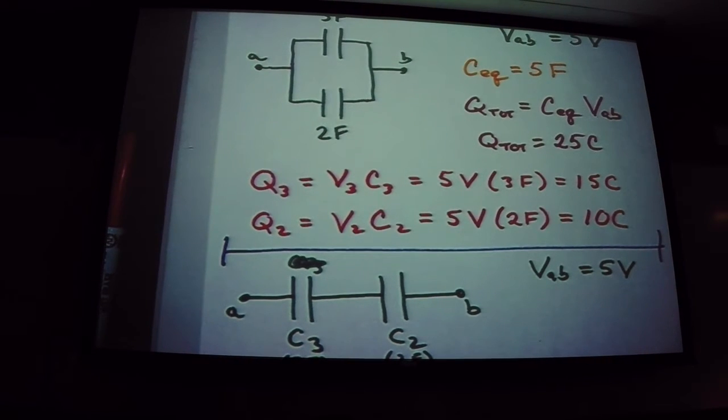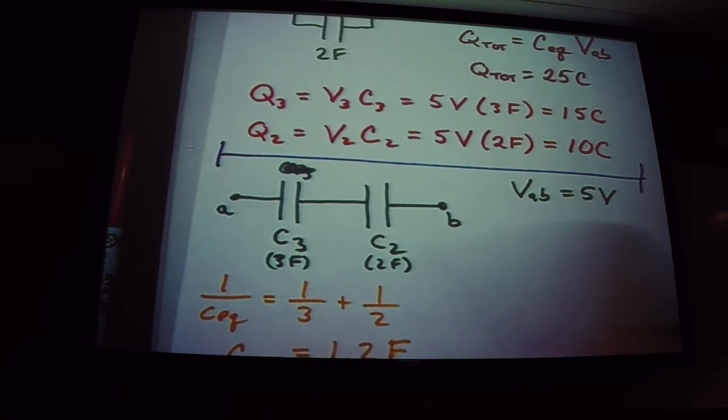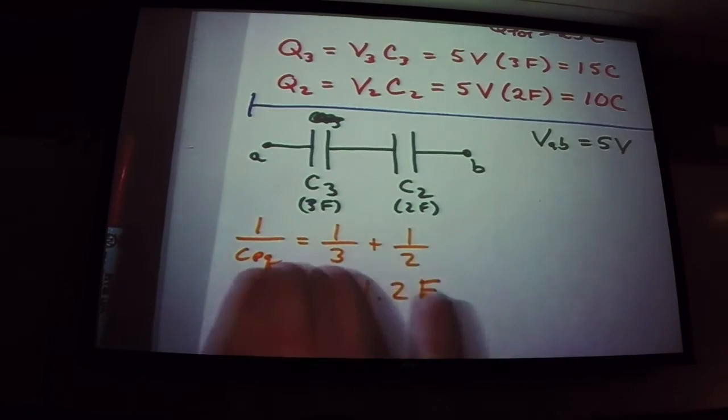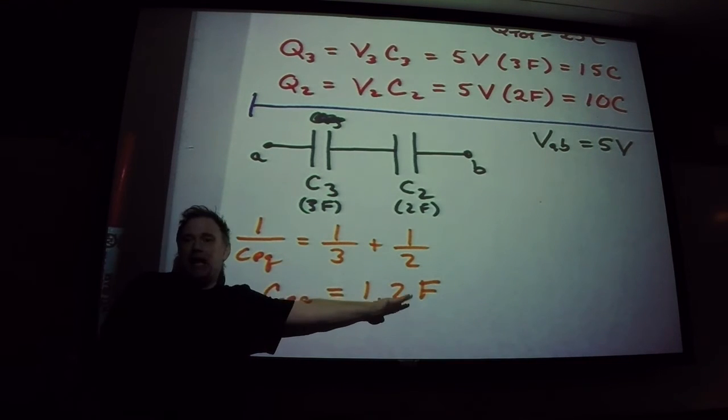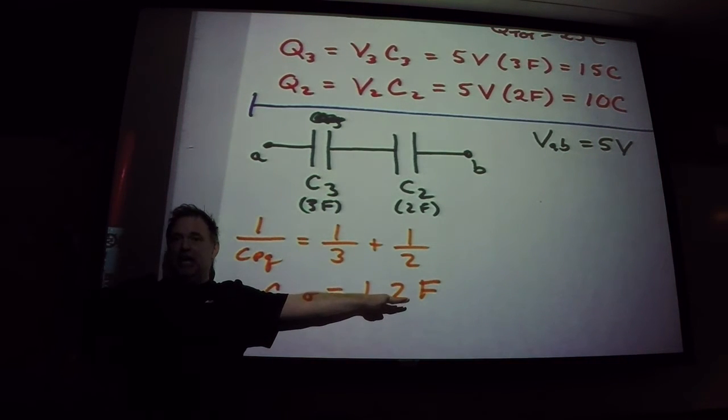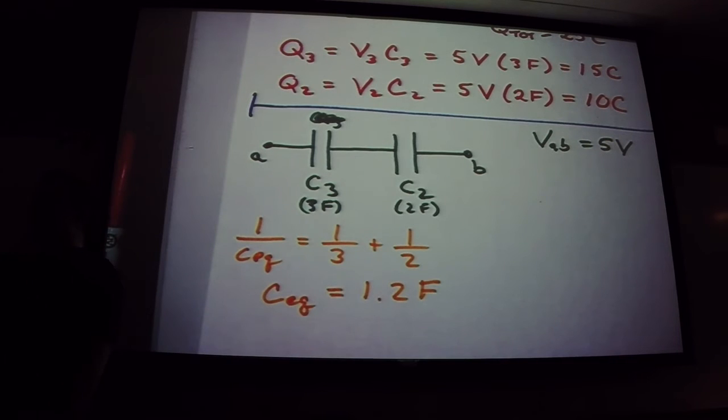If I put them in series, they get cut in half. If I have 3 in series, then it's a third, etc. The series configuration, and this formula, by the way, ensures that the total capacitance you get from a series circuit is always less than either of the other two capacitors.